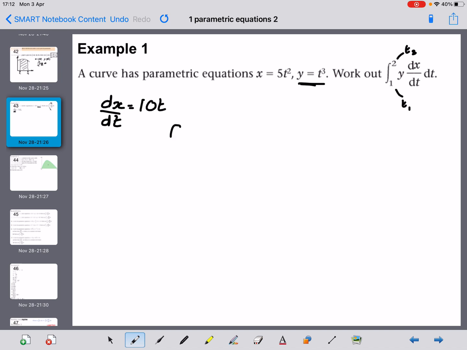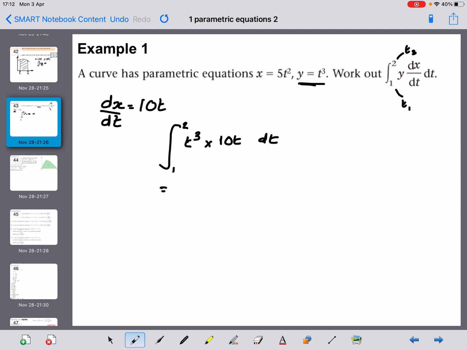To integrate those parametric equations, I need to multiply the y parametric, which is t cubed, by dx by dt, which is 10t, and then integrate that with respect to t between my t limits 1 and 2.